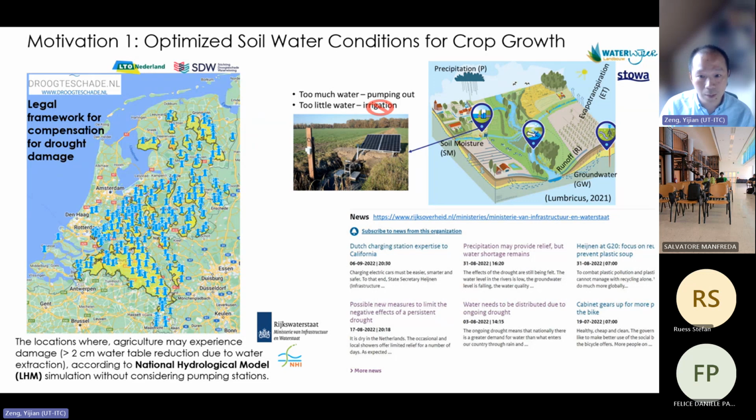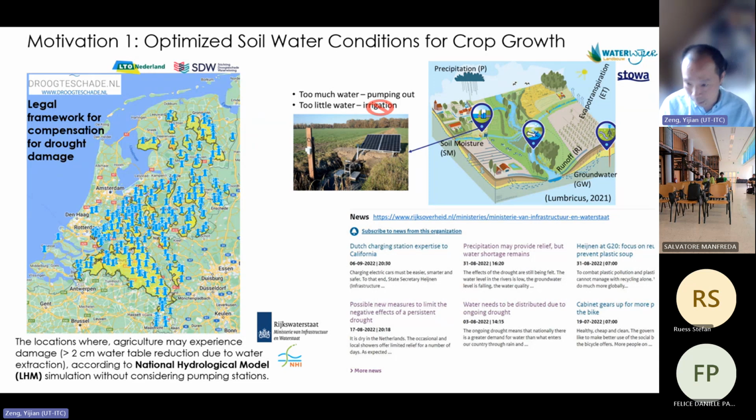So what they are trying to do is use the National Hydrological Model, called LHM, in the Netherlands, to simulate where the agriculture fields are suffering drought damage. For example, based on this National Hydrological Model simulation, you can identify some yellow regions, and those regions are suffering drought damage.